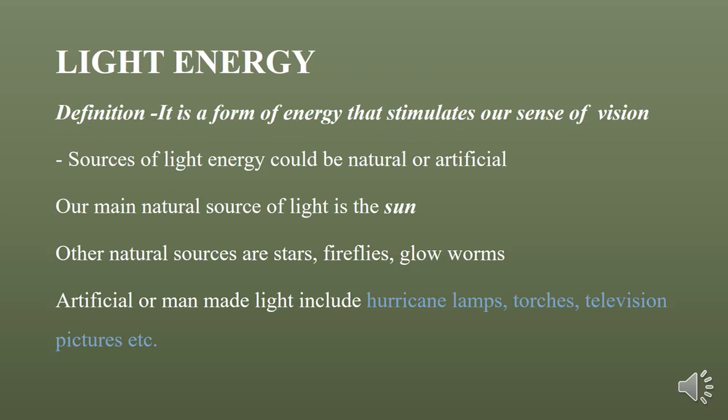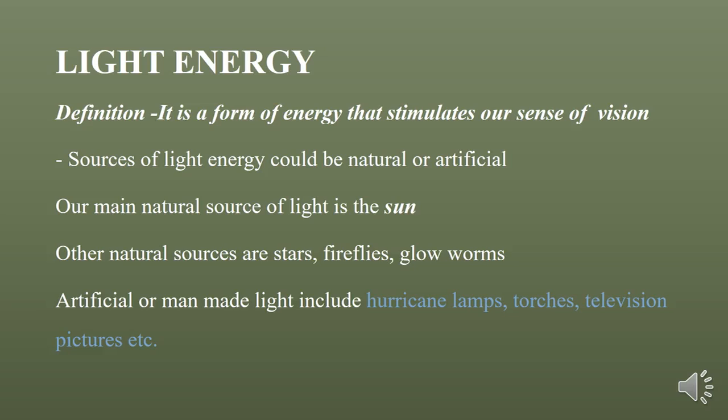Good. So let's start by looking at light energy. What is light energy? It is a form of energy that stimulates our sense of vision. Sources of light energy could be natural or artificial.